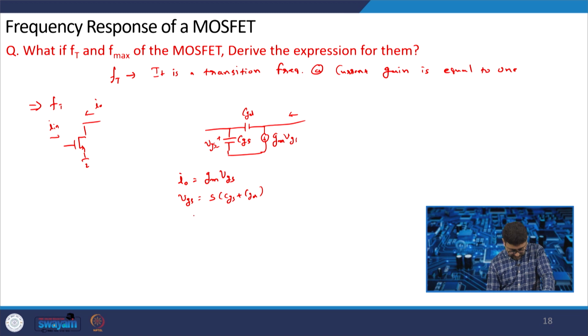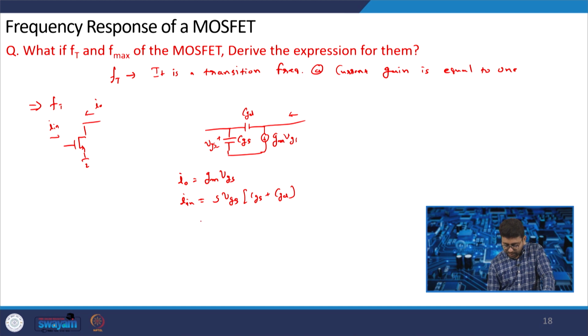So, I in is equal to S VGS into CGS plus CGD.